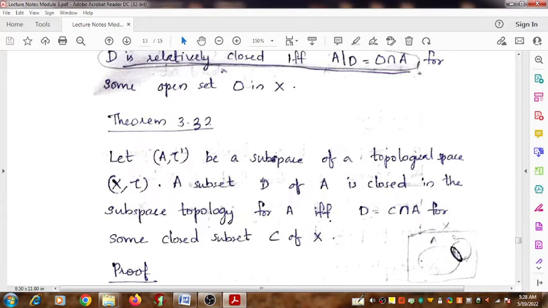Let D be a subset of A. Then D is closed if and only if there exists a closed subset C of X such that D equals C intersection A. So the statement is: a subset D of A is closed in the subspace topology for A if and only if D equals C intersection A for some closed subset C of X.